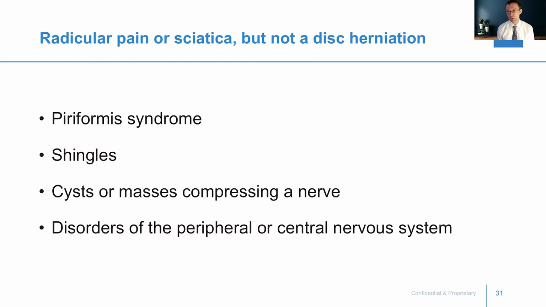Shingles is a viral reactivation syndrome, which can cause pain and severe pain hypersensitivity in a dermatomal distribution. Cysts or masses that compress a nerve elsewhere than the spine or within the spine can cause sciatica symptoms. And then finally, disorders of either the peripheral nervous system or the central nervous system can cause symptoms which are very similar to radicular pain.